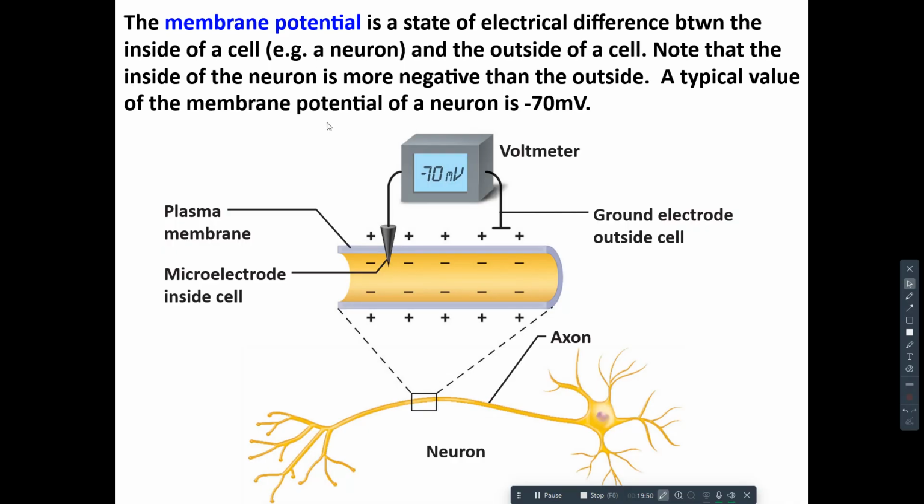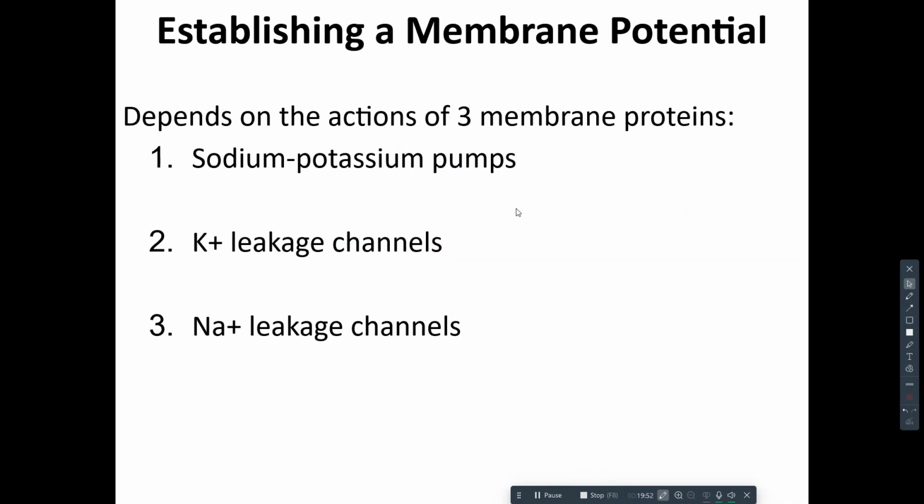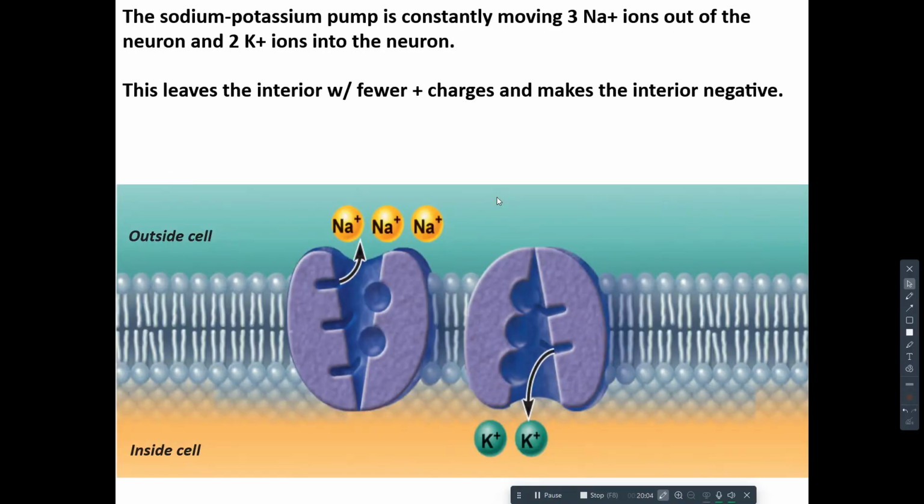Now, why do we have a membrane potential? We have a membrane potential because of three membrane proteins. One of them we've met already, the sodium-potassium pump. This is a sodium-potassium pump right here. Sodium-potassium pump is in the membrane of our neurons.